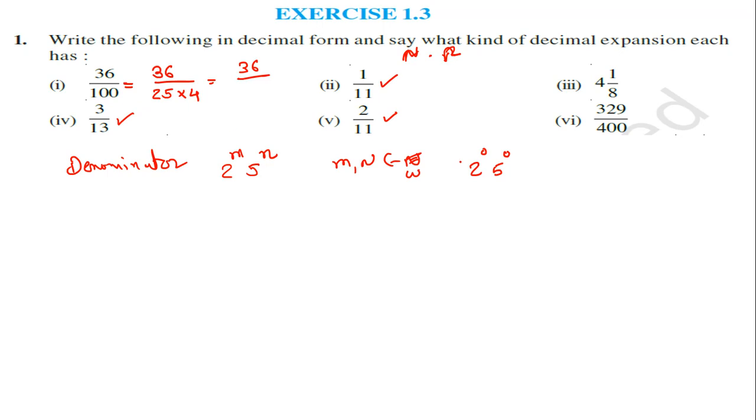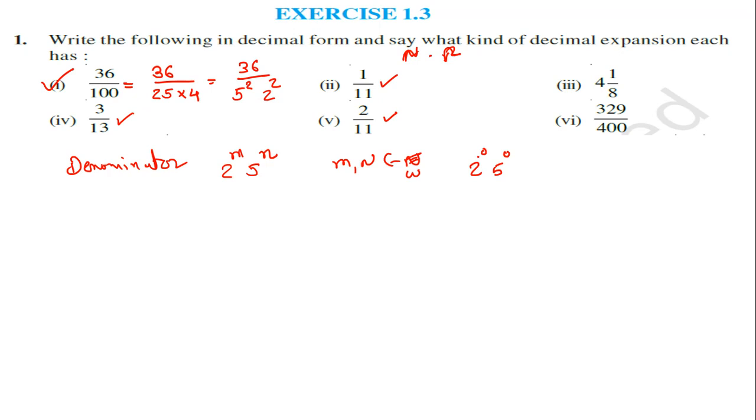Because I have to write in this format: 2 raised to some power, 5 raised to some power. Now 25 is 5 squared, and 4 is 2 raised to the power 2. So this is the format of 2 raised to m, 5 raised to n. So this is terminating.